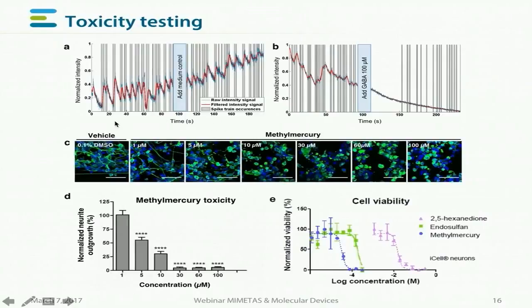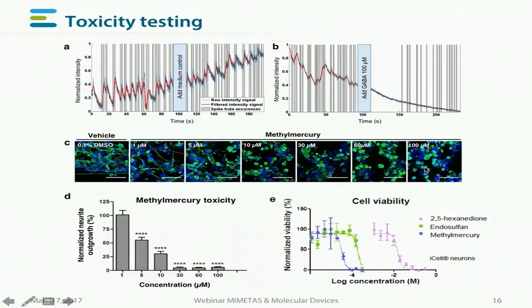These models are perfect, for example, for neurotoxicity assessment. So here we add a concentration series of methylmercury to the cells that have formed a neuronal network, and there you see that upon increasing concentration of methylmercury, the neurite extension dramatically goes down.